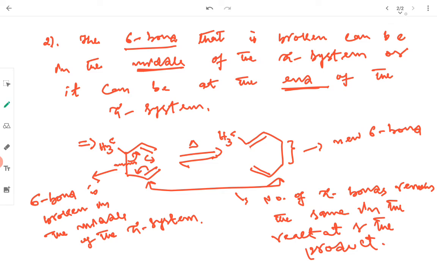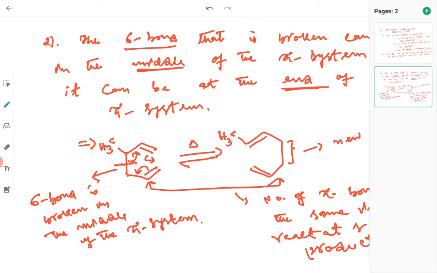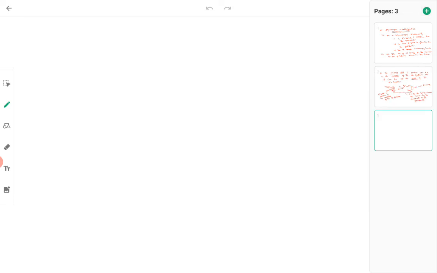Now I will give another example where the sigma bond is broken at the end of the pi system. For that purpose, I will show you this example. This is the molecule that I am drawing it here. This is CH3 here. This is H here. You have a double bond here, and you have a double bond here. Okay.